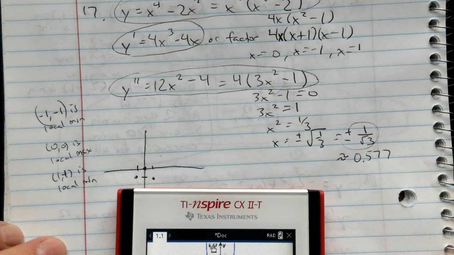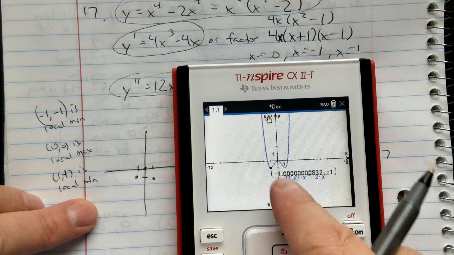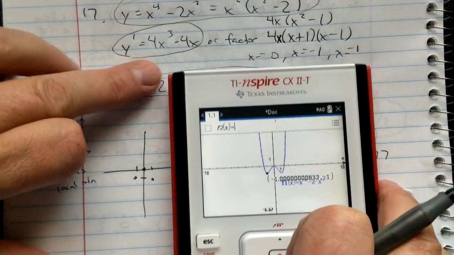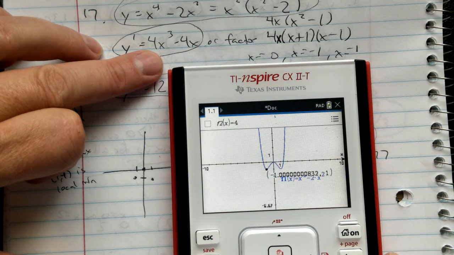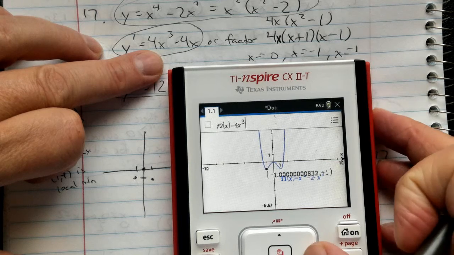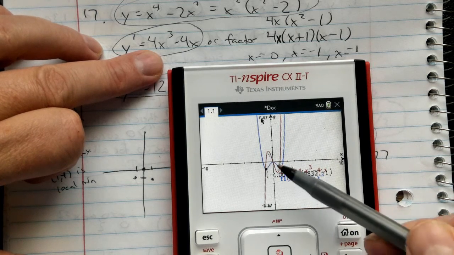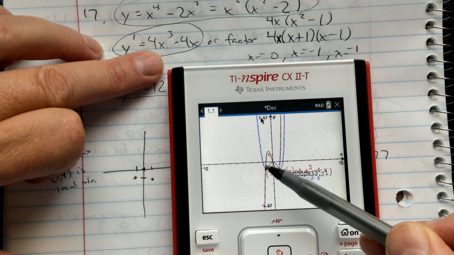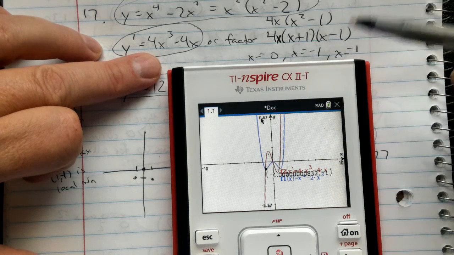Okay, so at this point, all I have is my local minimums and maximums. So now I need to graph my derivative function, 4x^3 minus 4x. So you can see right there it coincides with that. That's why it's so useful to get your derivative if possible.